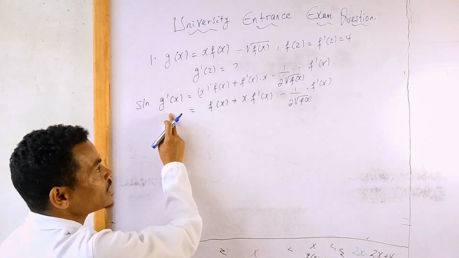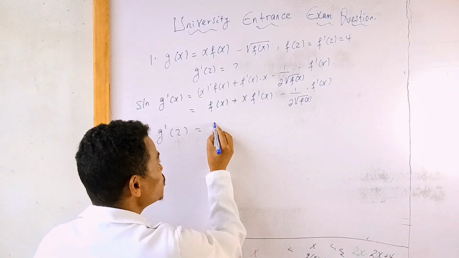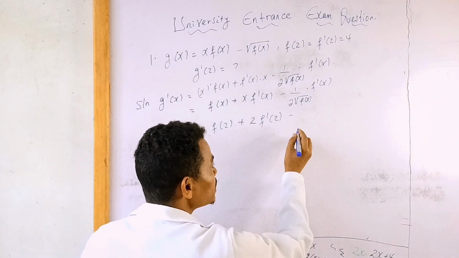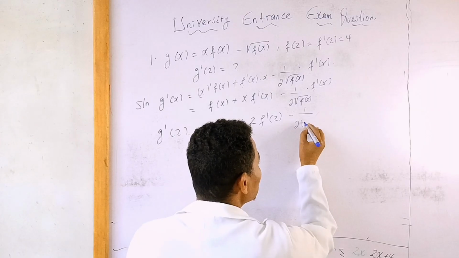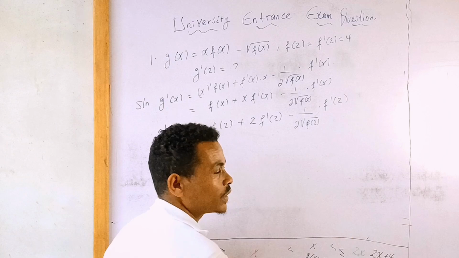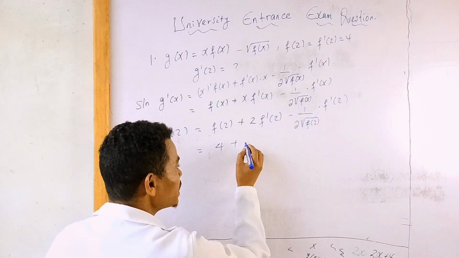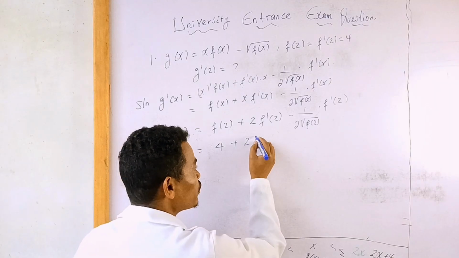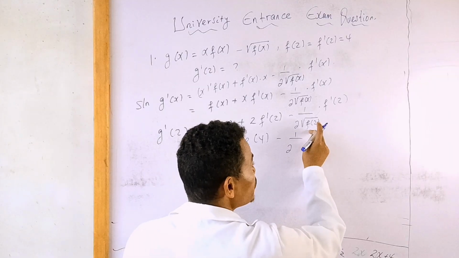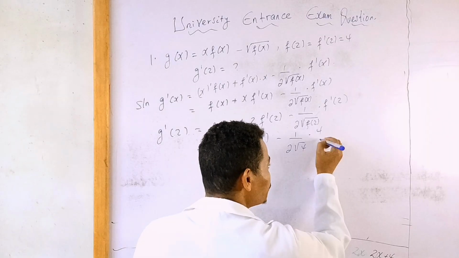So just replace, the question is g derivative at 2, ስለሆነ in case of x, 2 እንተካለን። g derivative at 2 is equal to f of 2 plus 2 times f derivative at 2 minus 1/2 radical f of 2 times f derivative at 2 ይሆናል። So this is the same with f of 2, ማለት 4 ነው, plus 2 times f derivative at 2, which is again 4, minus 1/2 square root of f of 2, that f of 2 is 4, that is radical 4 times f derivative at 2, which is again 4.